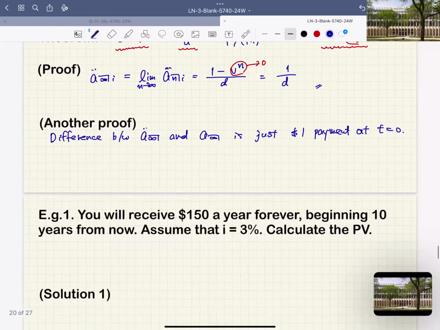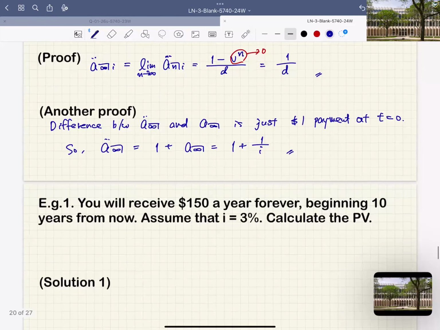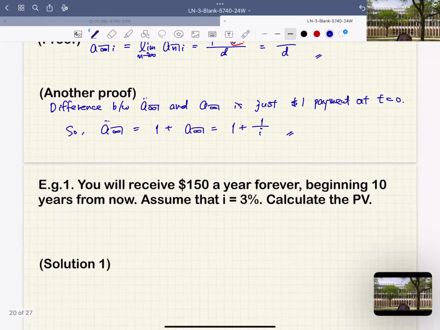So therefore, a double dot angle infinity should be 1 plus a angle infinity. So that is 1 plus 1 over i. So that is another proof.